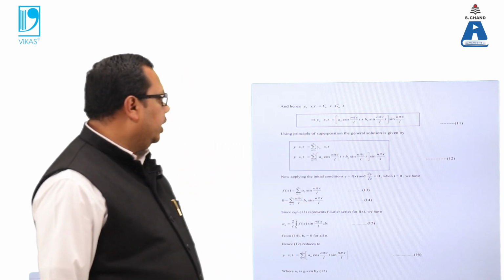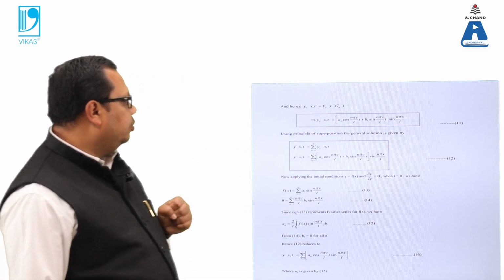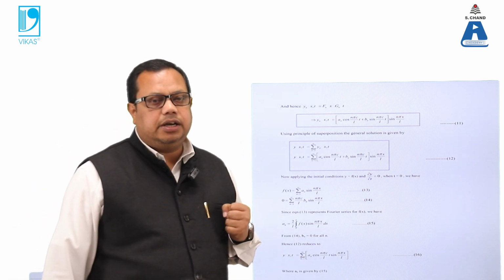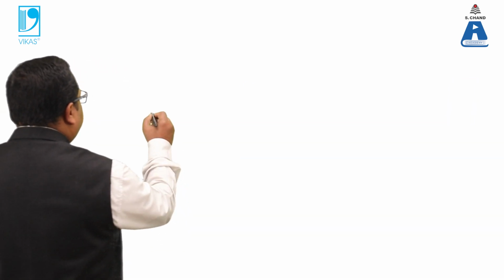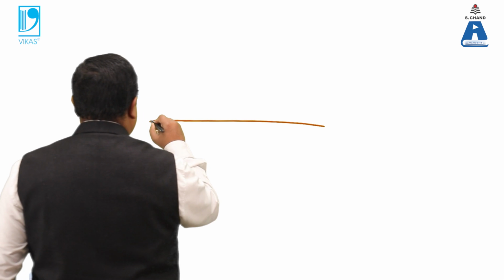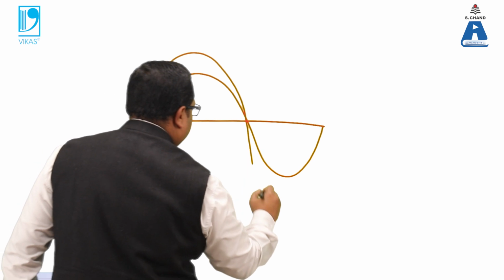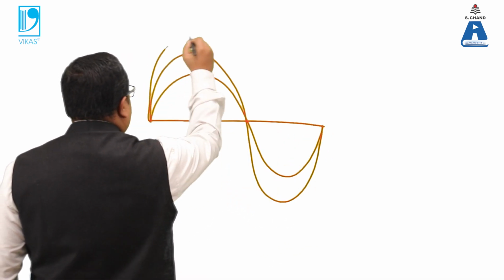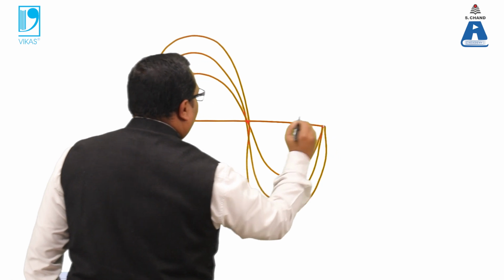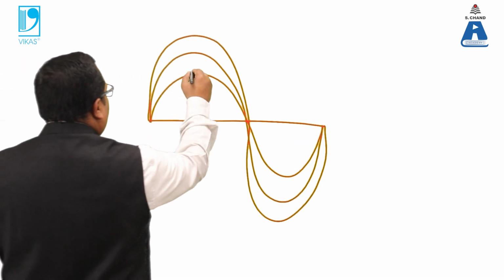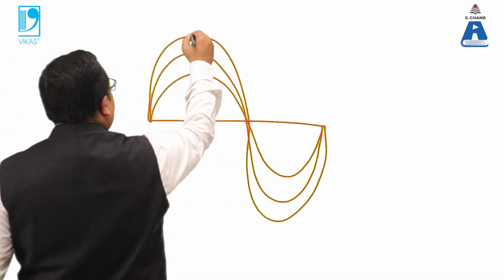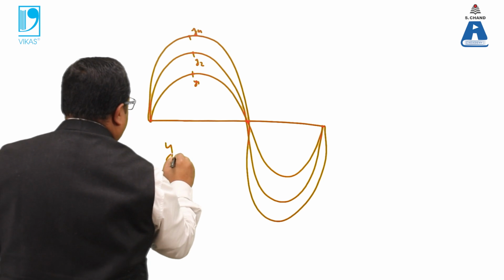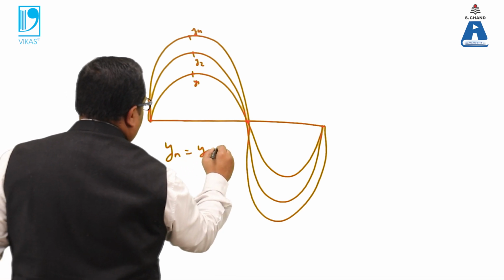Here, the superposition principle says that the totality of the wave matters. Suppose the wave is propagating like this, then the total propagation, suppose this is y1, y2, and so on up to yn, is y1 plus y2 and so on.